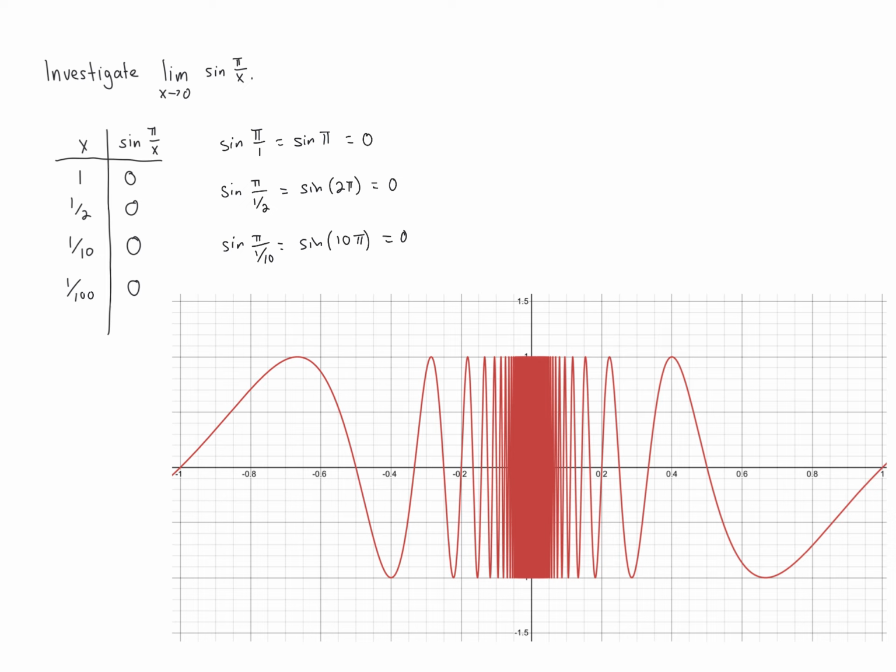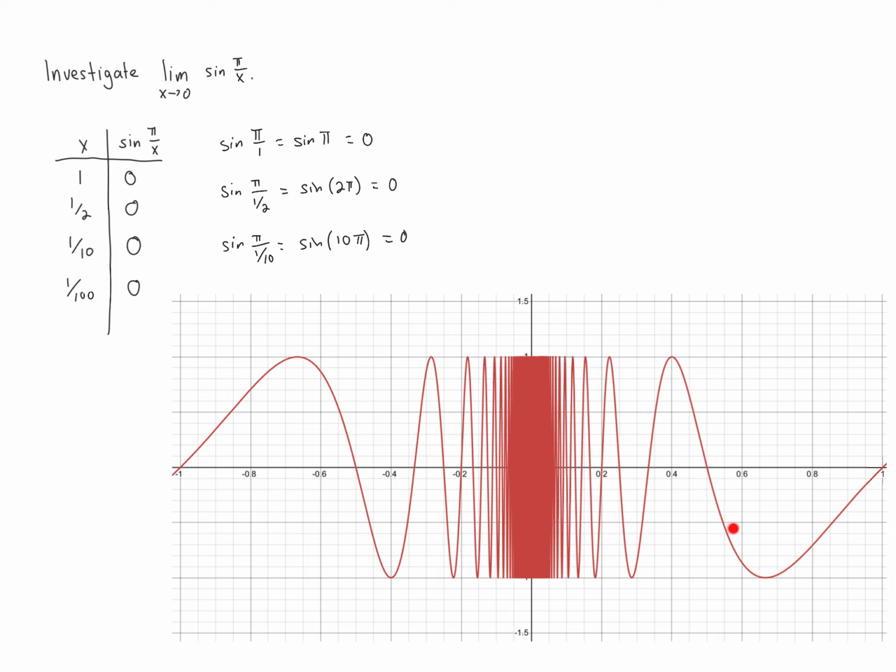Now, here is a digital copy of the graph. I'm not doing this by hand because it's quite a complicated graph. The fact that there's an x in the denominator inside of the sine ends up causing some pretty wild behavior here. And it looks like this is just a blob, but what is happening to the function as we go from the right?